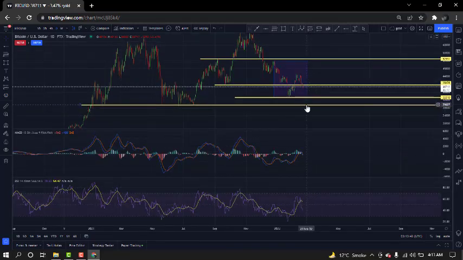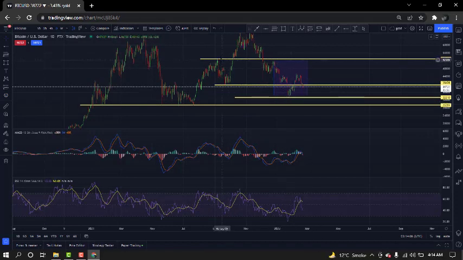This is the strongest support, and when the market touches this level, this indicator shows us about it too. 1, 2, 3, 4, 5, 6, 7, 8, 9 times the market touched this level and went up. This is the huge support.